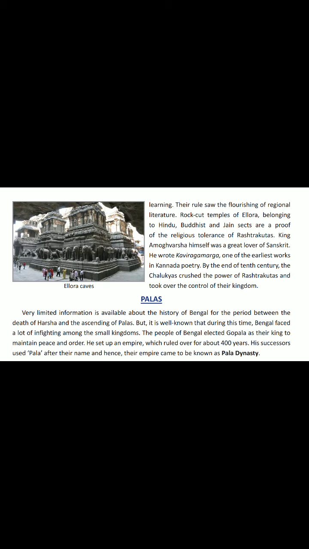He wrote Kavirajamarga, one of the earliest works in Kannada poetry. By the end of the 10th century, the Chalukyas crushed the power of the Rashtrakutas and took over the control of their kingdom.